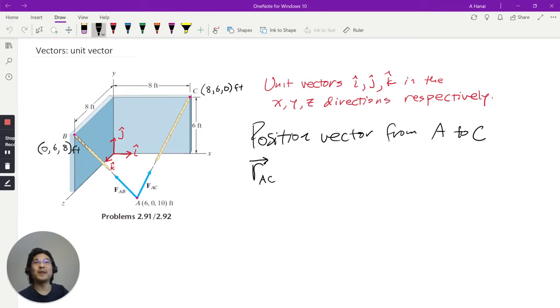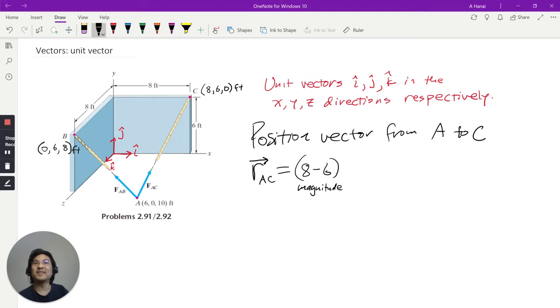So how do you define a position vector from A to C? It's where you end minus where you start. In the x direction, the vector has some magnitude and some direction. The direction is the i direction, and the magnitude is 8 minus 6, where we end minus where we start.